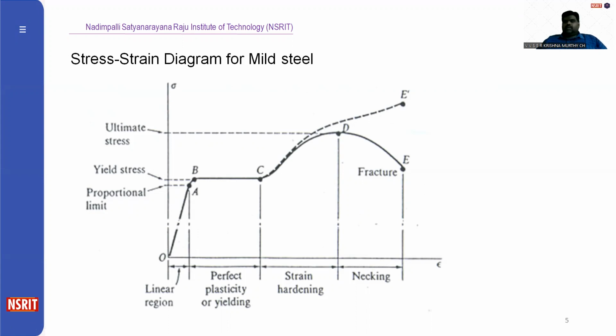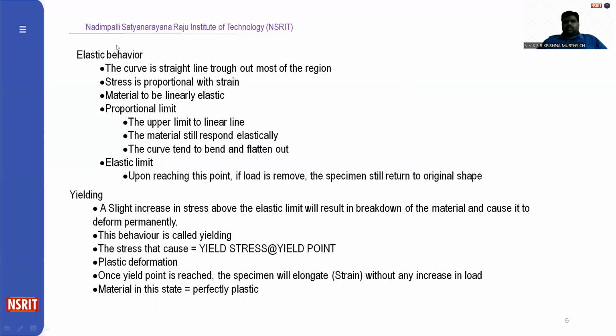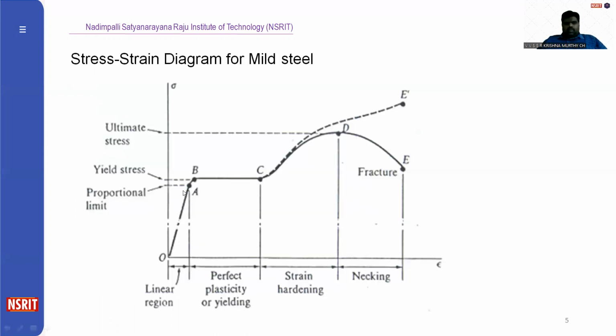Up to this limit, the stress is directly proportional to the applied strain. Up to this point is called elastic behavior, the curve will be a straight line, and the material is elastic. This point is called the proportionality limit.